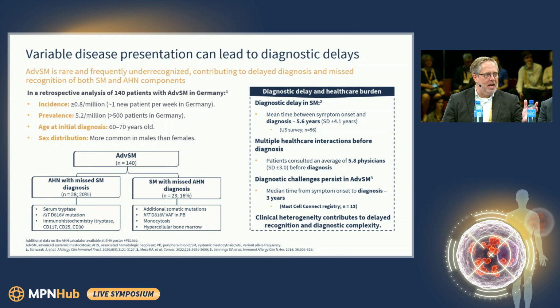So a routine NGS testing, but KIT is not included. Nowadays, in the more modern NGS, it is now included. And sometimes, only with the second or third biopsy or with the peripheral blood, the KIT D816V mutation comes around. And then you go back to your pathologist, and he may say, oh yes, there was mastocytosis, but I didn't know about KIT, so I did not find it.